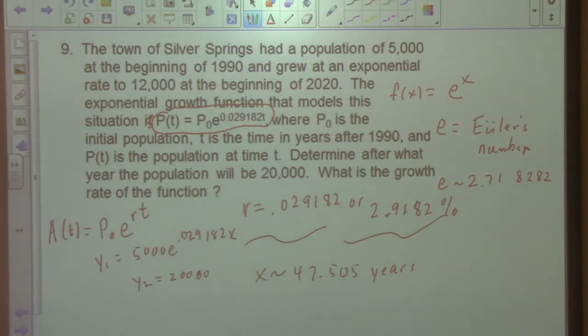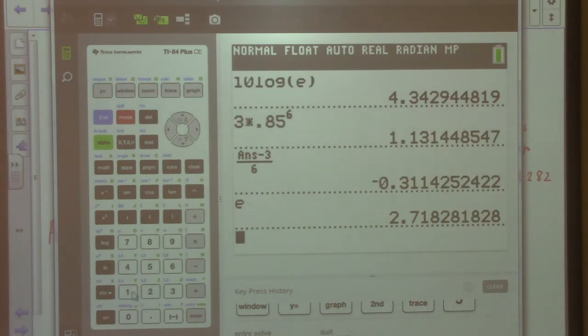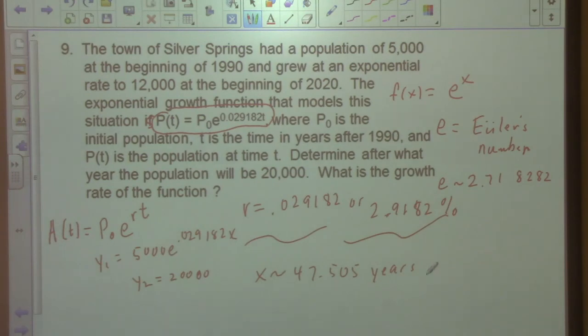So this is going to be 1990 plus whatever that figure is. So 2023.505, right? 2037.505, is that right?